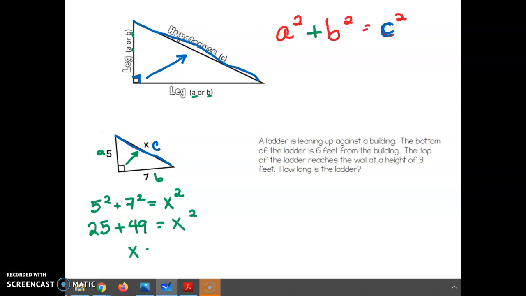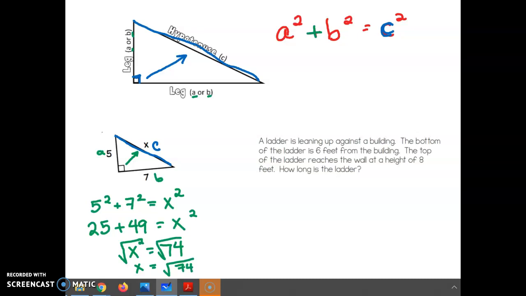So x squared, when I add these two together, gives me 74. Now, if I want to get rid of something squared, we have to do the inverse operation. Well, that's a square root. So I would say x is the square root of 74. All right.